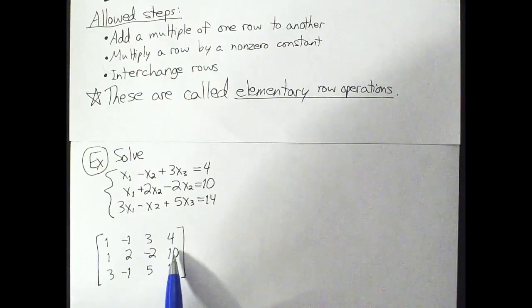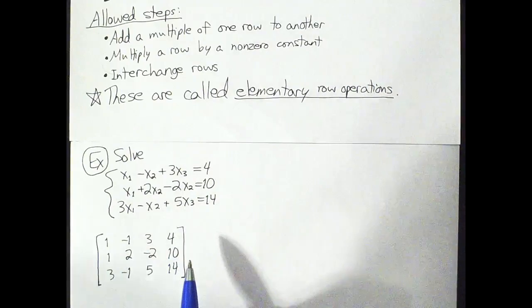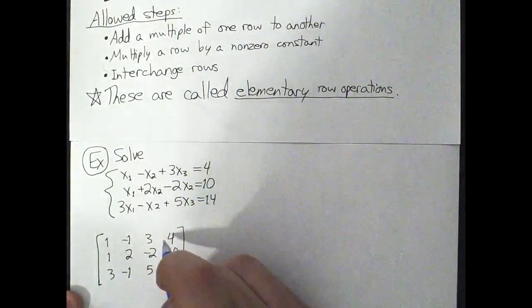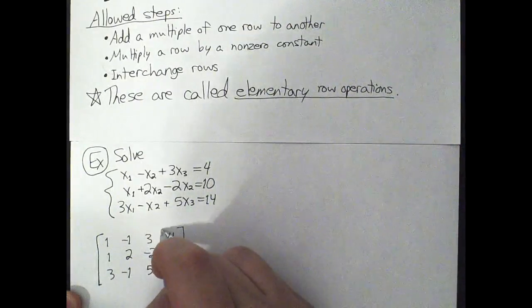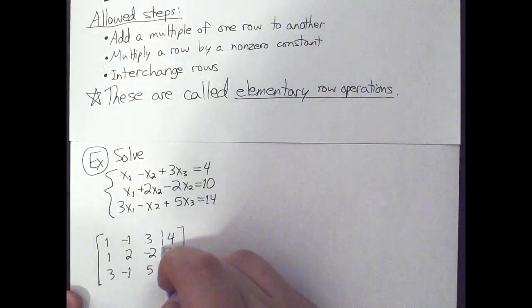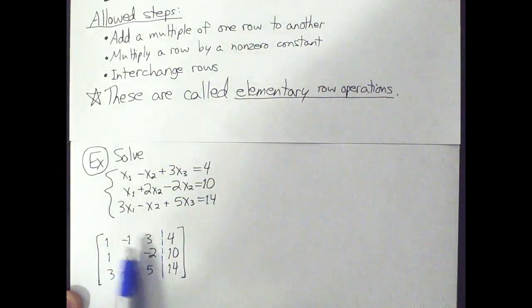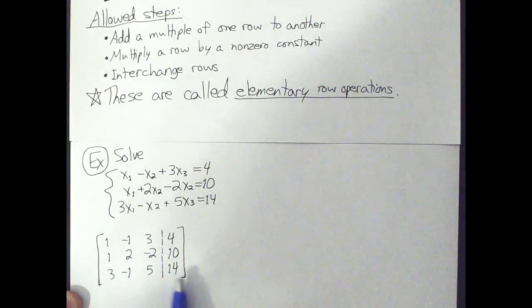That's what technically makes this augmented. And sometimes in some books, you'll even see people draw a little dashed line, and I'm going to do that here, to separate the parts of the matrix that represent the left-hand side and the part that represents the right-hand side.